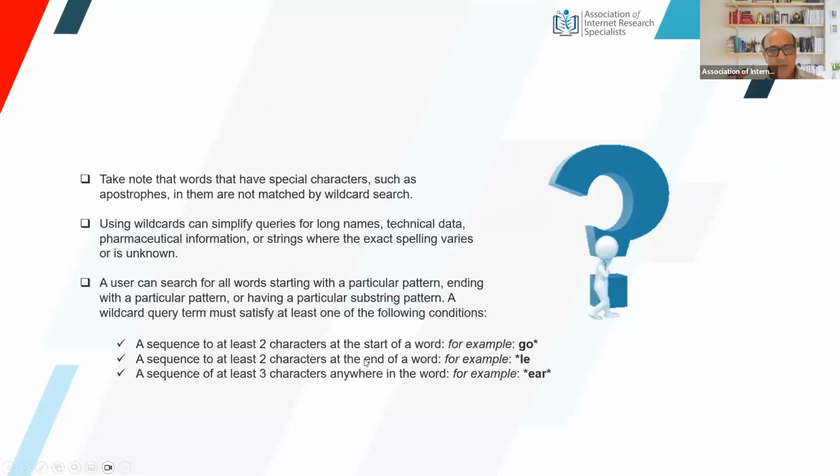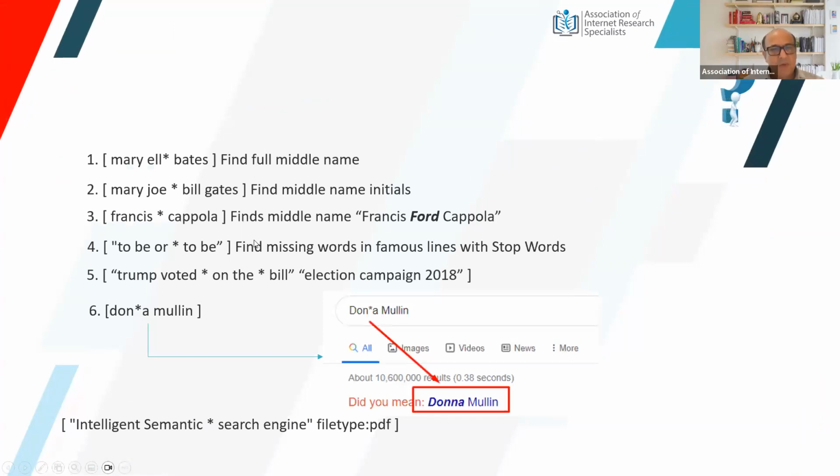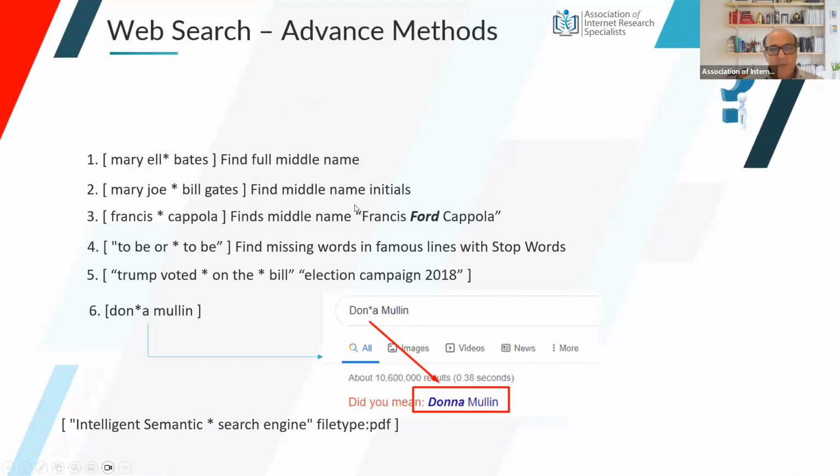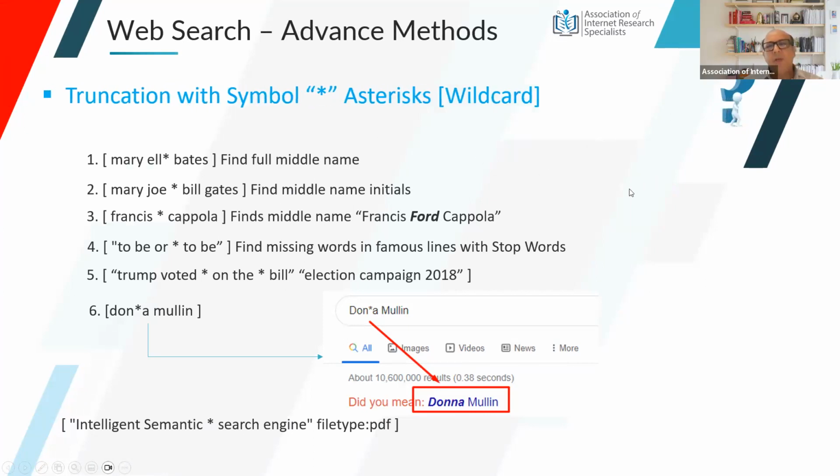I'll just jump to the examples because that would explain it. I'm not very fond of the terminologies. It's the structuring of the search queries with these operators that is important, and how to be more creative in using it.